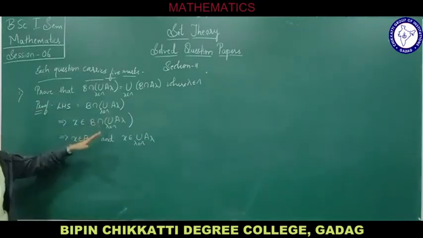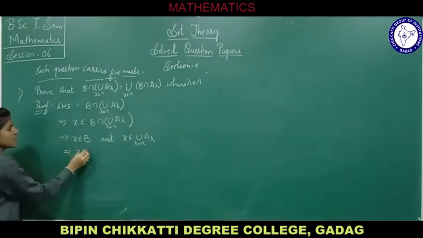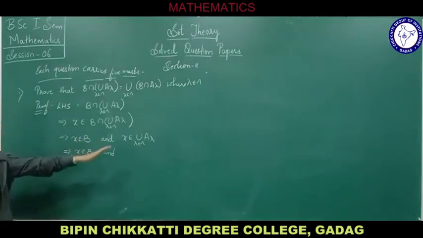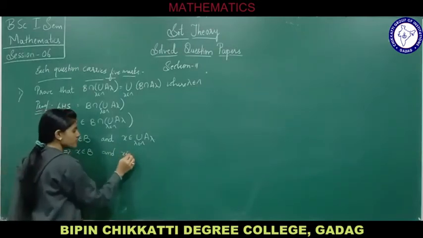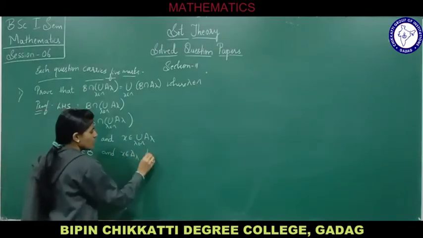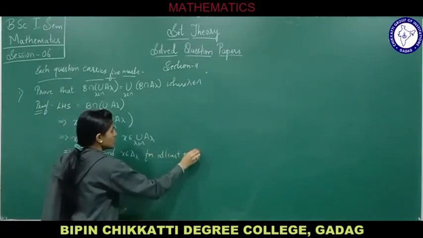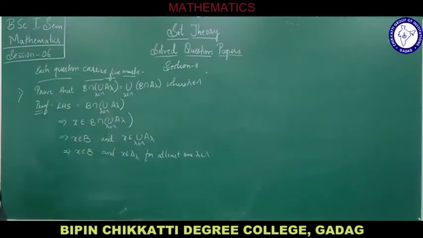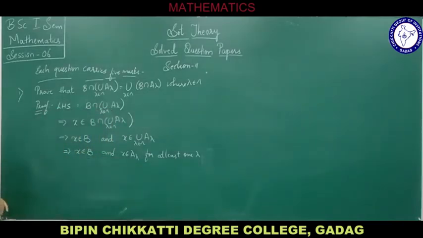Since intersection is given, we used and. Then what is going to happen next? It implies x belongs to B and x belongs to union of A lambda, which means x belongs to A lambda for at least one lambda belonging to this index set. We said that x belongs to B and x belongs to A lambda.